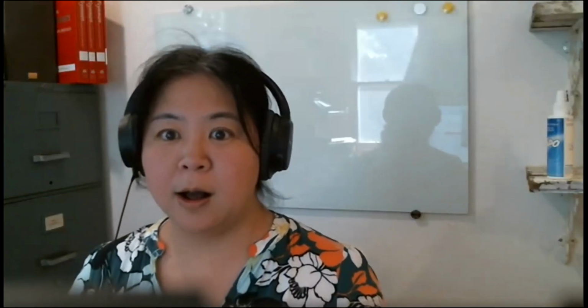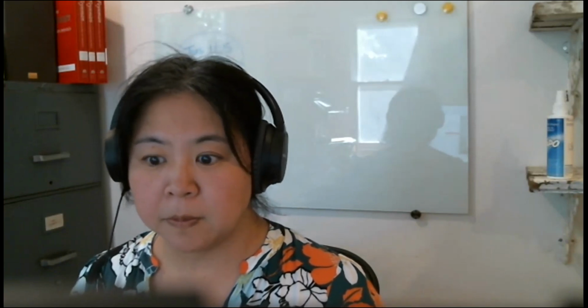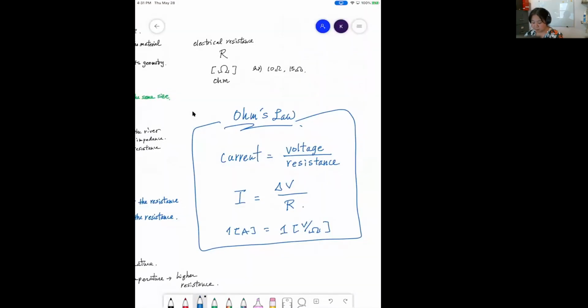Okay, so I'm back. Ohm's law, let me show you here again. This is Ohm's law, right? Current equals voltage, in this case voltage drop, change in voltage, divided by the resistance.